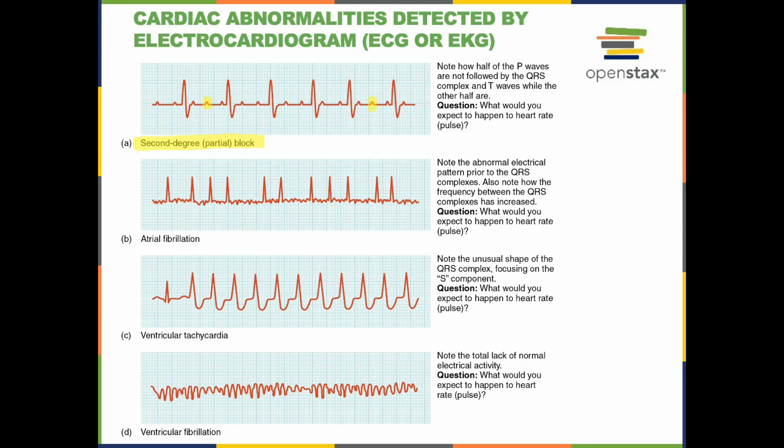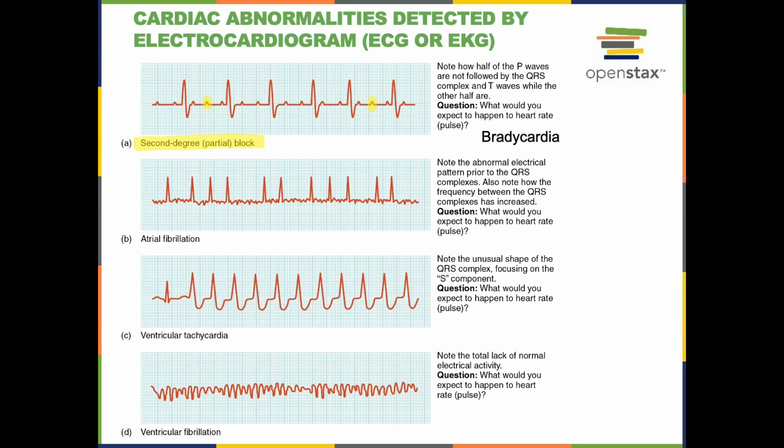We're missing the ventricular systole, and it would cause a decrease in the pulse rate. Bradycardia refers to an abnormally low heart rate. Any heart rate less than 60 beats per minute at rest is technically classified as bradycardia.